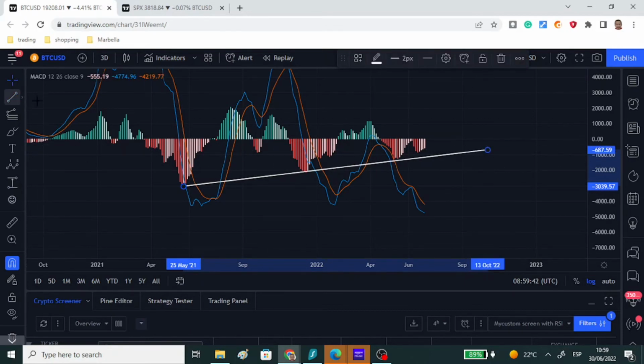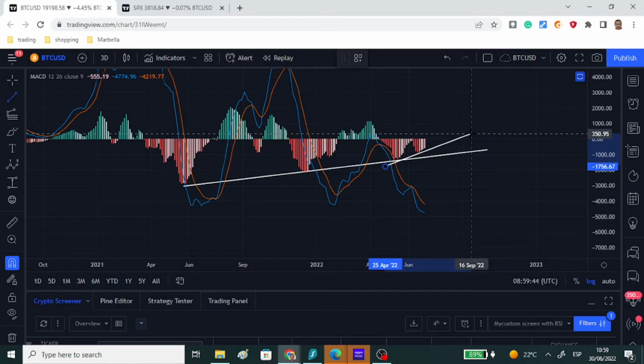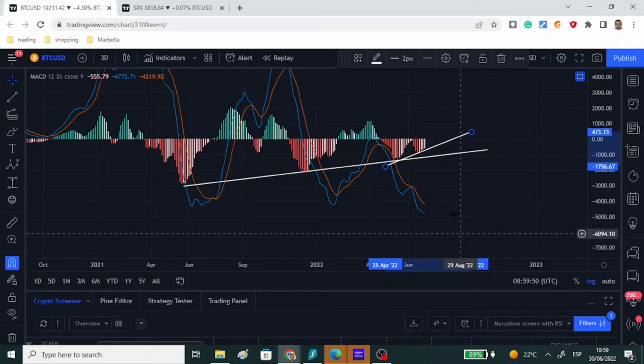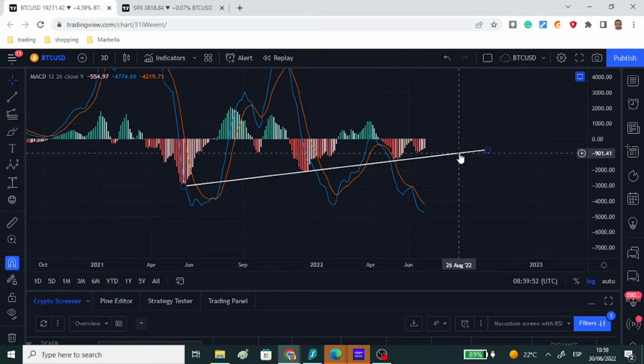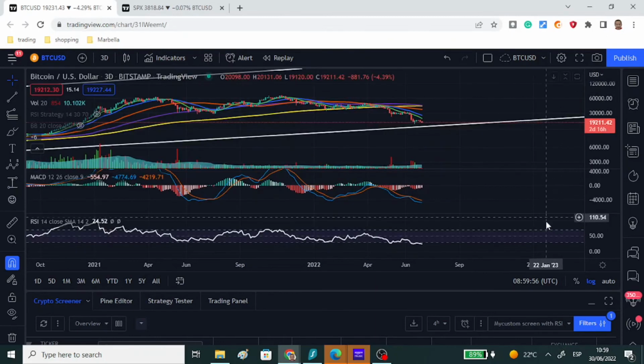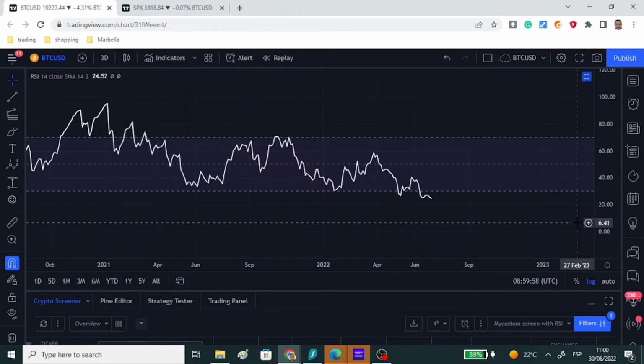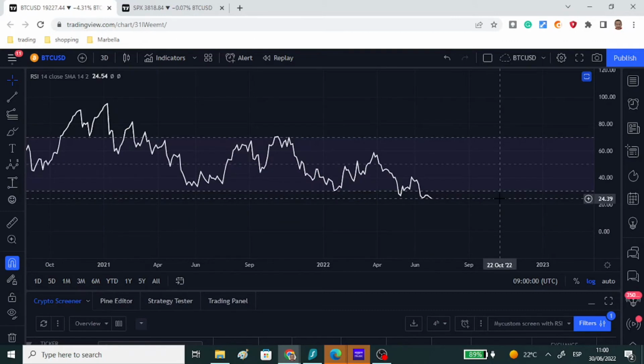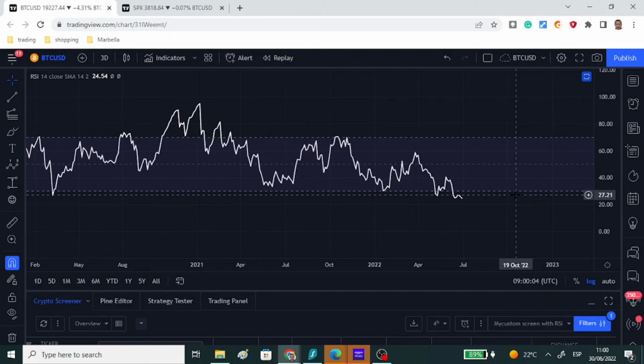Yeah, it might curve up. We don't know. It might curve up here. Again, we will have to see. RSI is really oversold, 24.39. Wow.